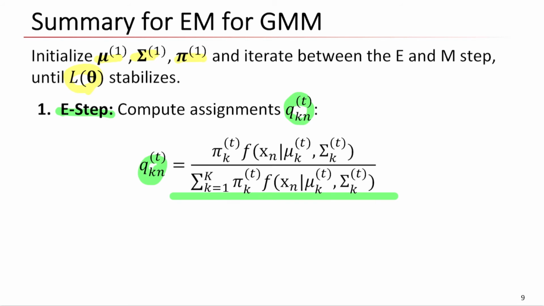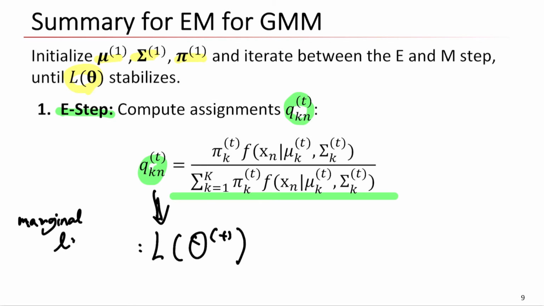And then we can compute the loss function L of theta t by using this one, right? What's that? This is the marginal likelihood, or just the cost, right?